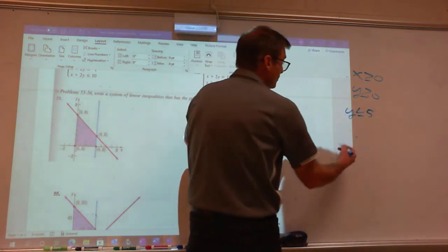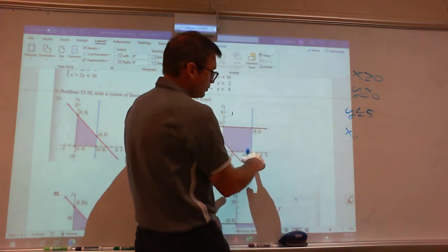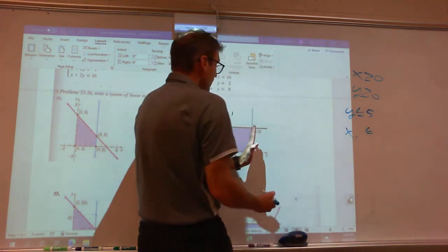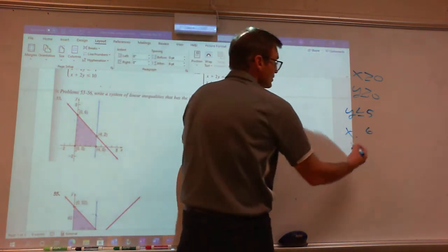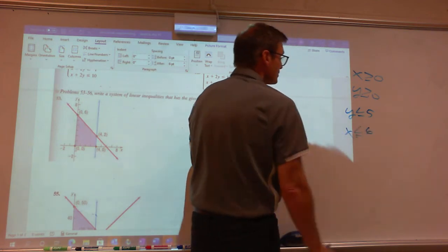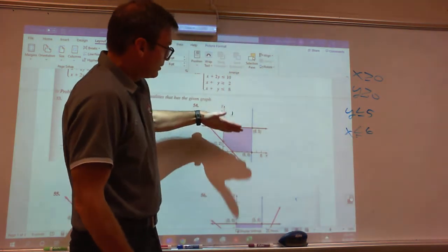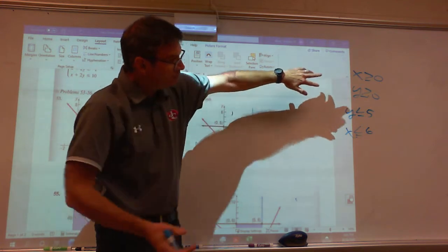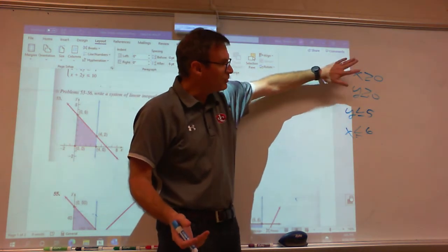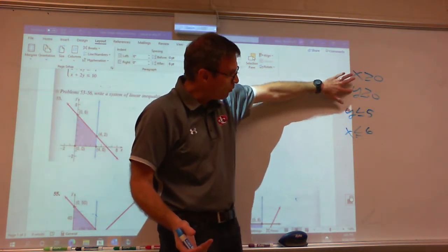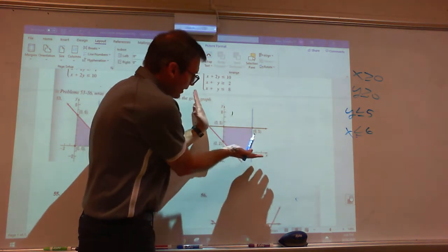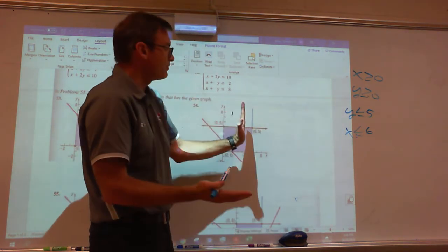So this is going to be x, and the x value they're interested in this case is 6. And we're shading to the left, so this is x is less than or equal to 6. So I've got, pretty much I just got the x greater than 0, y greater than 0. Now I've handled the horizontal line, I've handled the vertical line.